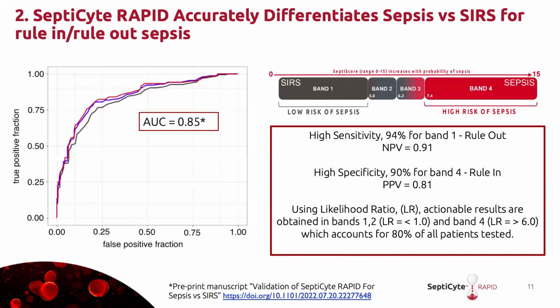The validation process of sepsis is difficult from the standpoint of we do not have a gold standard for the diagnosis of sepsis. So from a validation standpoint, Septicyte Rapid was validated using a retrospective physician diagnostic panel of 3 clinical experts who reviewed the charts on these patients and decided if the patient had sepsis or SIRS. This was then evaluated from the standpoint of ROC AUC curves.